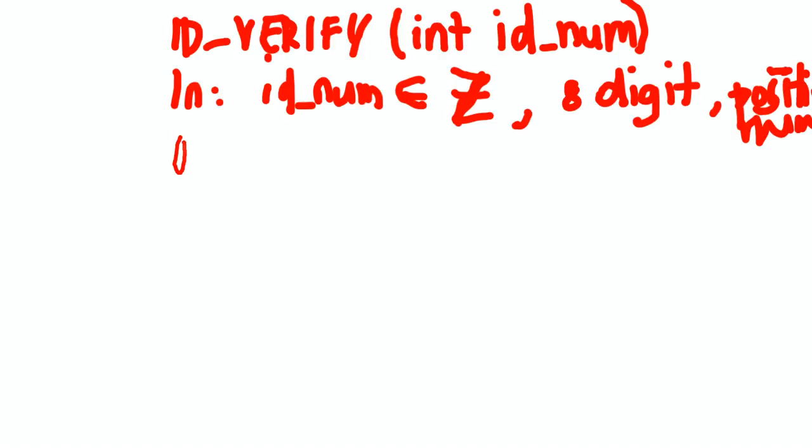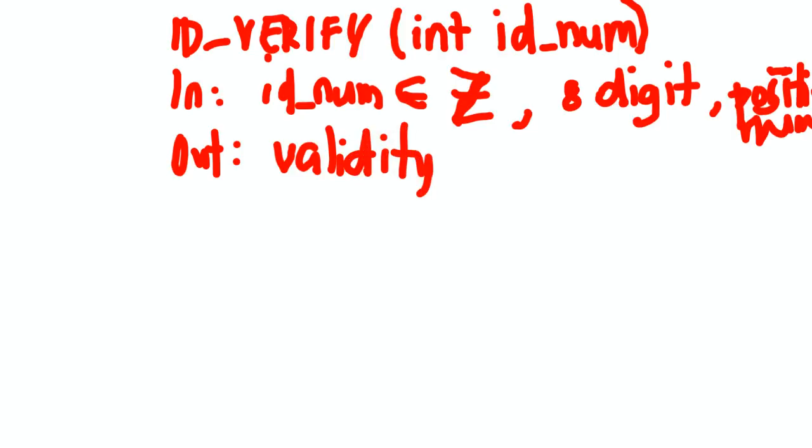And our output will be either true or false. So the output is the validity, which is either true or false. So it's a Boolean output.